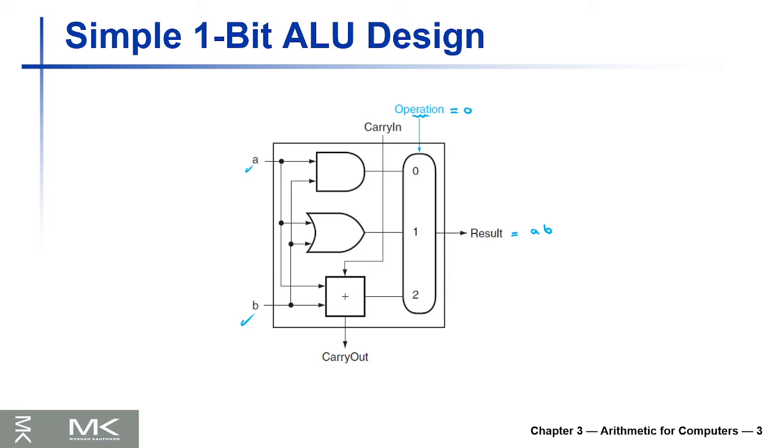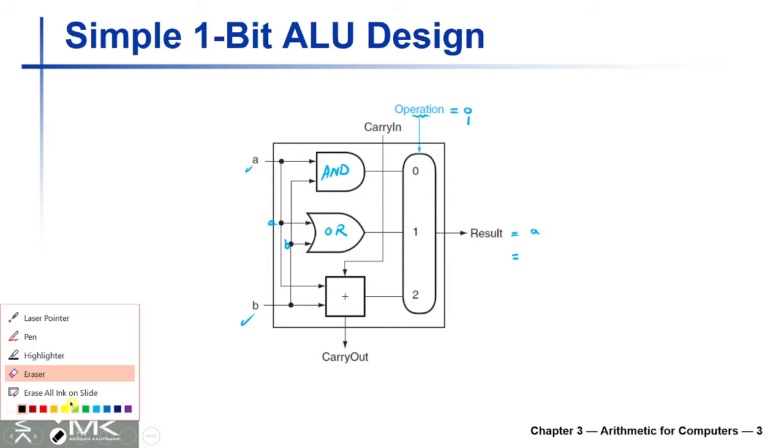If the operation is equal to 1, then the output will be A or B. Remember the OR gate here has 2 inputs, A and B. Let's write it as A OR, because we have the addition, and with the addition there might be some confusion between the signs.